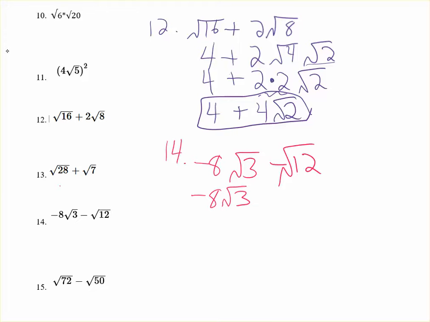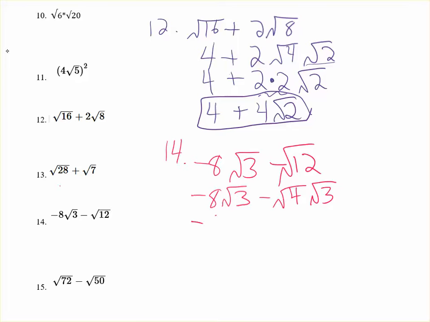Negative 8 square root of 3 cannot be simplified anymore. But 12, we can try to simplify. The factors of 12 are 2 times 6, or 4 times 3. If I use 4 times 3, that would help because the square root of 4 is a perfect square. So I'm going to rewrite the square root of 12 as the square root of 4 times the square root of 3.